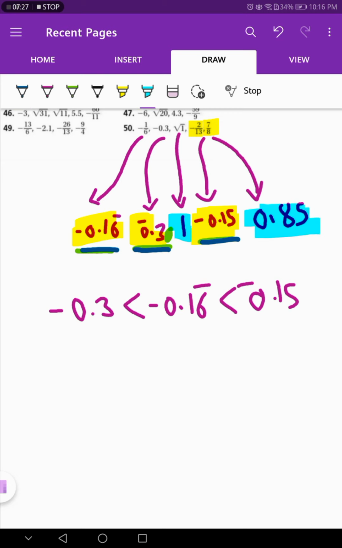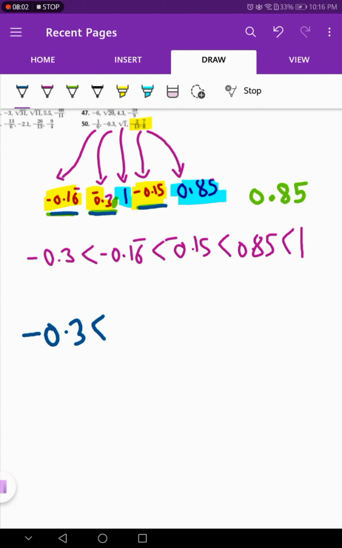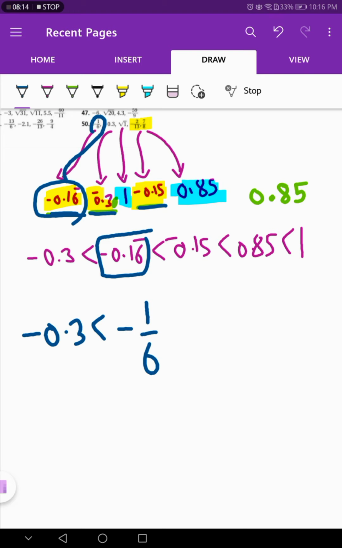Now let us return back to the form for each question. The negative 0.3 is the same. Now the negative 0.16 here, where is it coming from? It is coming from here. So it is negative 1/6. Now the negative 0.15, where is it coming from?